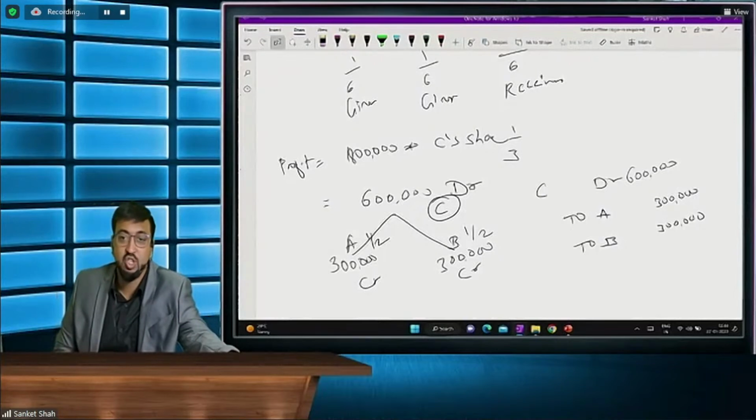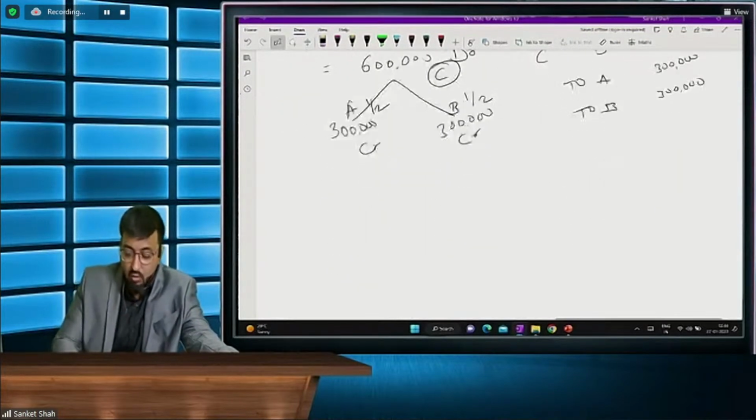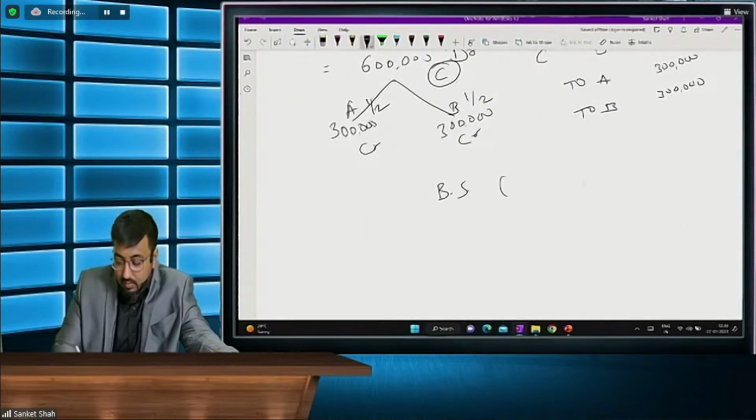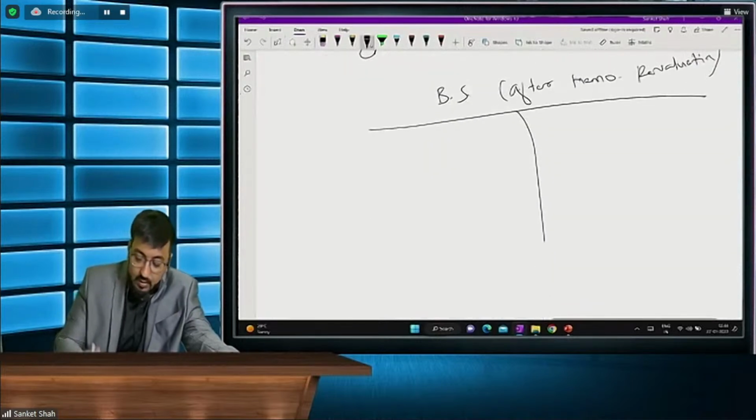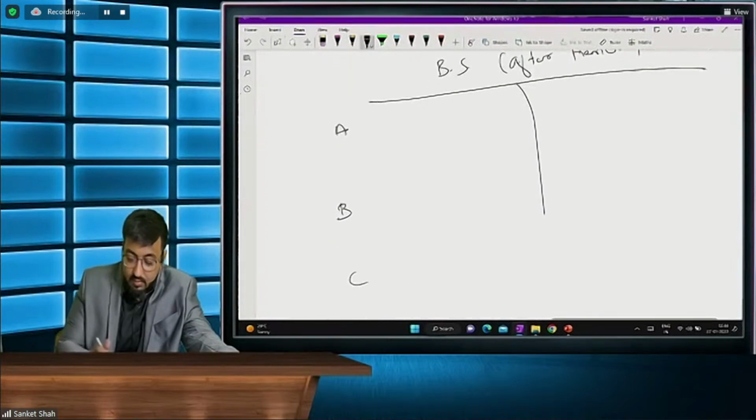Now let's check the balance sheet position. So how will the balance sheet look after memorandum revaluation? A, B, C. A's earlier capital was 1 lakh.